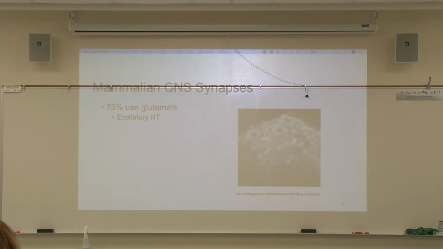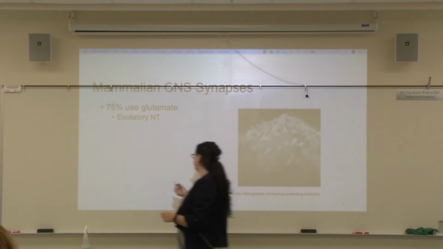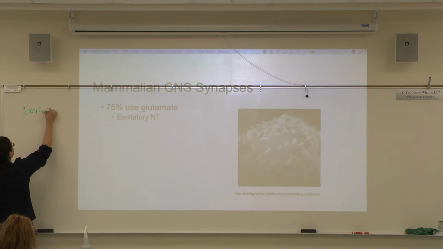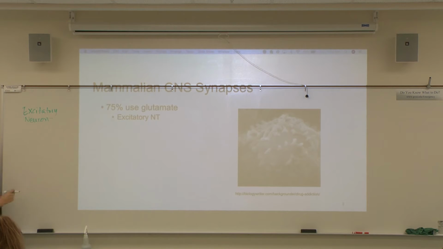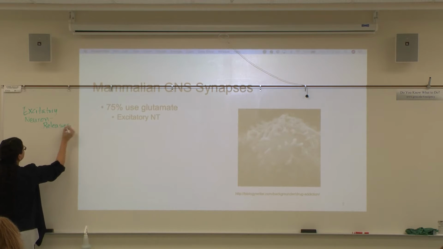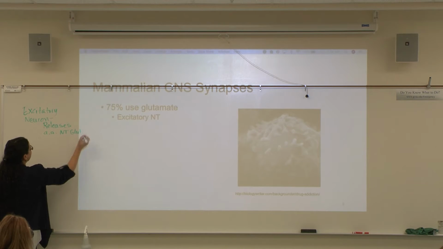What does it mean to be an excitatory neuron? Other than it releases the amino acid neurotransmitter glutamate.